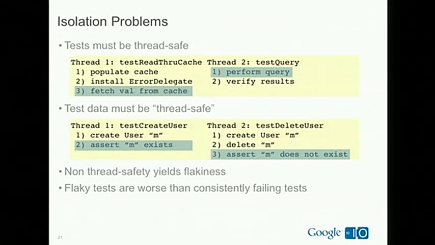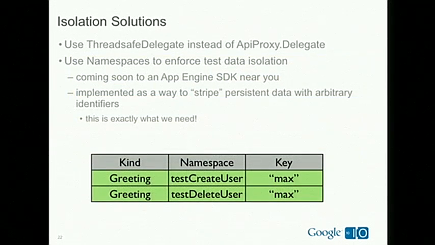We're looking at test create user, and it failed, and we said, well, we created it, and then we tried to read it back, and it's telling me it's not here. What happened? Well, this other test deleted the data out from under you. So non-thread safety gives you flakiness, and flakiness can be really frustrating because it's difficult to reproduce, and even if you do reproduce it, you might not reproduce it in the exact same way. So we need solutions to these problems. Here are the solutions to these problems. These are both part of Cloud Cover.